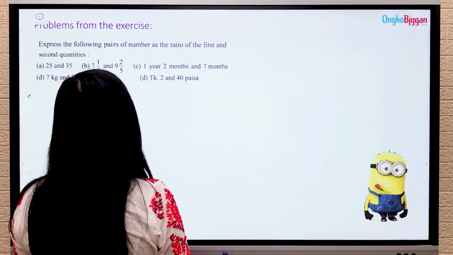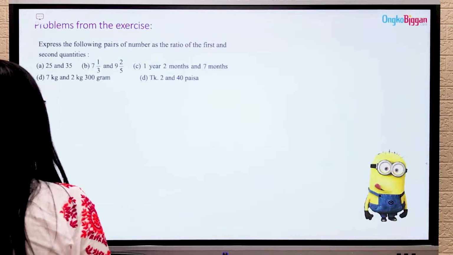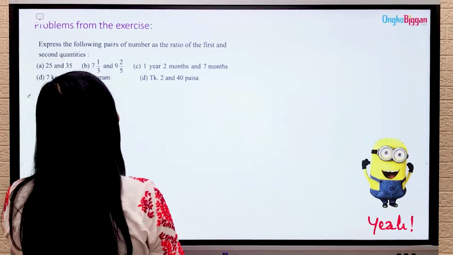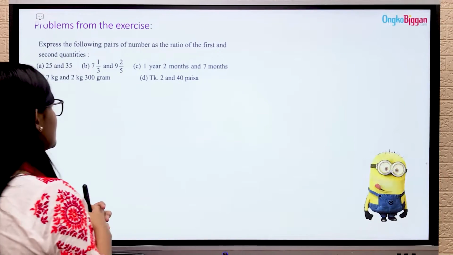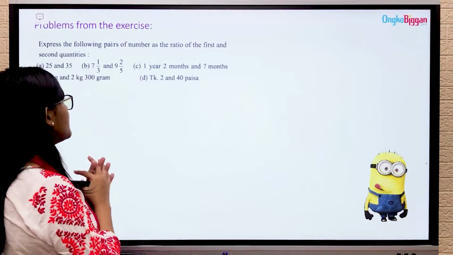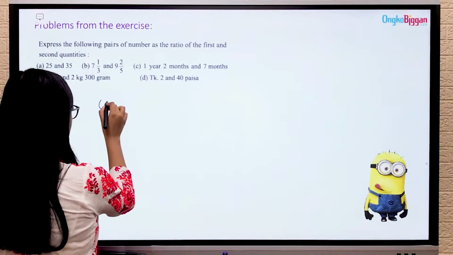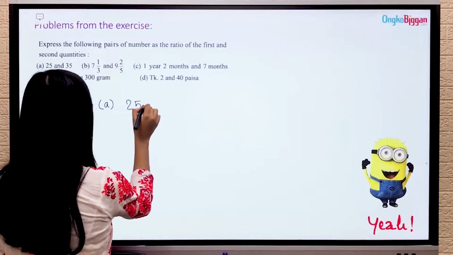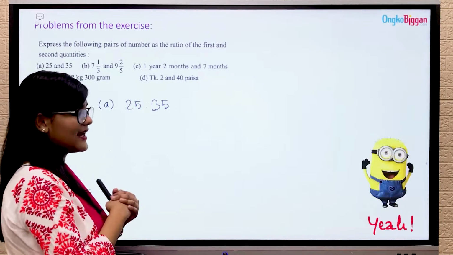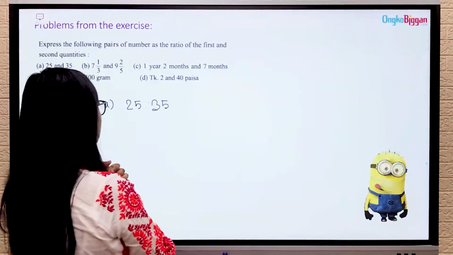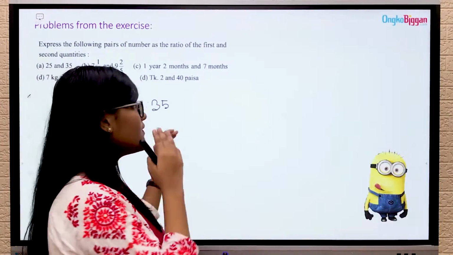Express the following pairs of numbers as the ratio of the first and second quantities. The rule is that for expressing in the form of a ratio of the first and second quantities, the first thing we need to do, like for A, 25 is to 35. Quite simple, but we can't keep it in the form of 25 and 35 because they can be factorized.